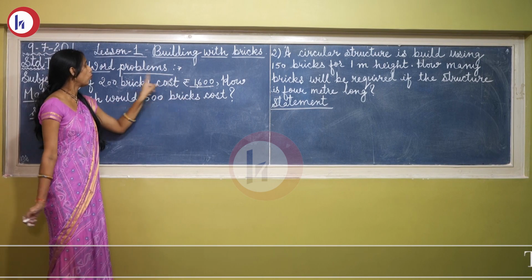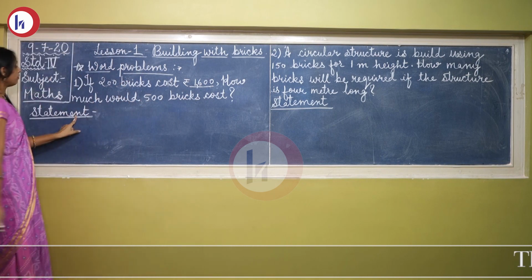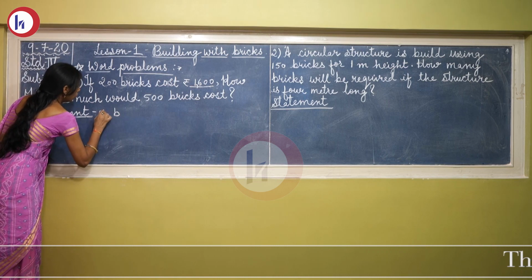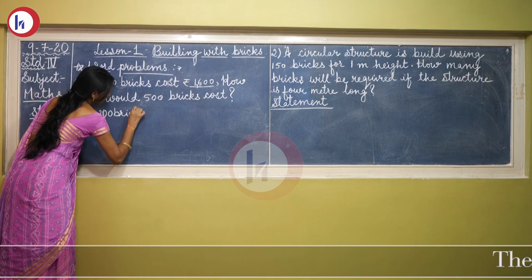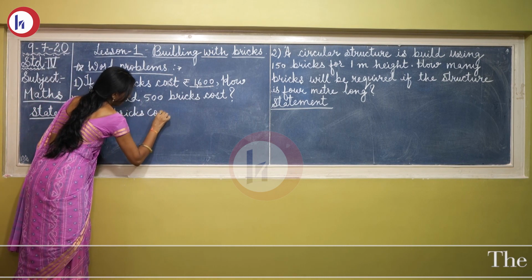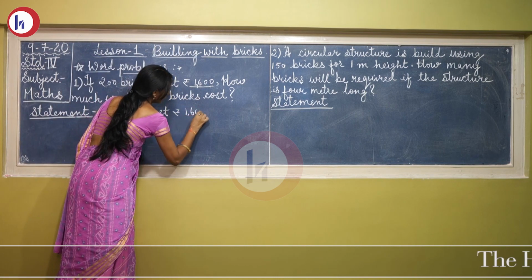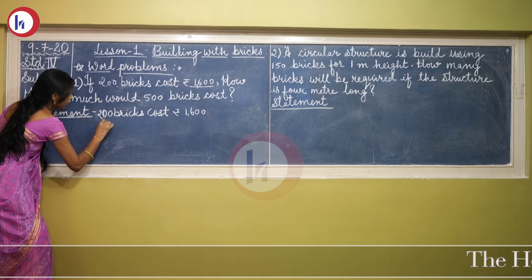First we have to find out one brick's cost, then we can find out 500. So first we will write the statement: 200 bricks cost rupees 1600. Now our next step is to find out one brick's cost.